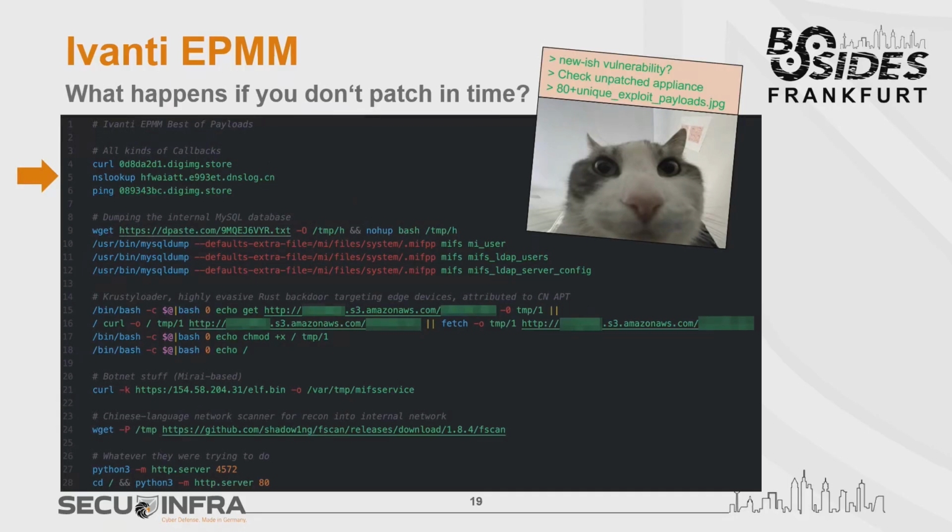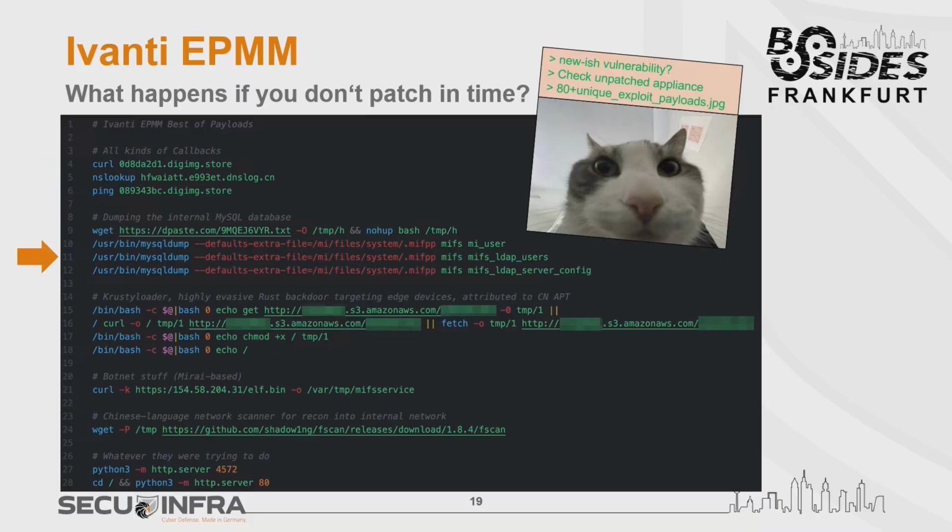In total, we saw about 1,000 requests per appliance. And there were, if you boil it down, about 80 unique exploit payloads that we saw. So this ranges from simple payloads like HTTP, DNS, or even ping callbacks to the attacker infrastructure, just to establish whether the service is vulnerable.